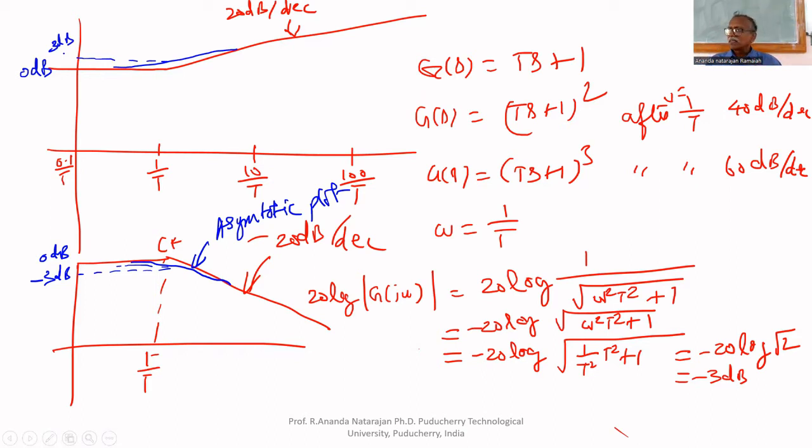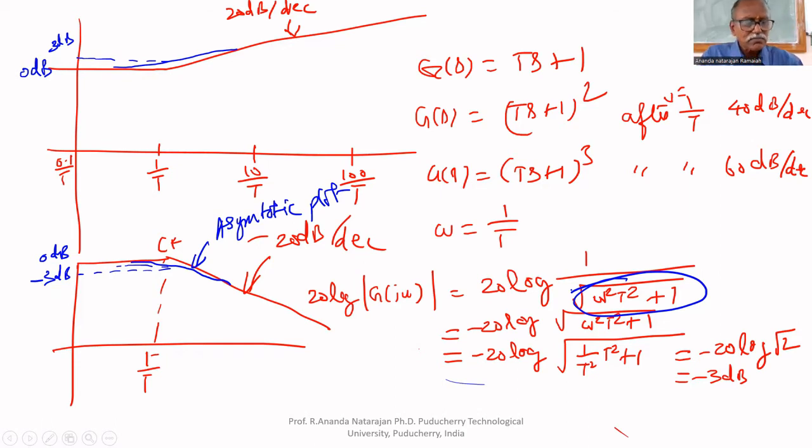If you do not ignore both omega tau and 1, you will get minus 3 dB instead of 0. Therefore, at corner frequency you will get only a minus 3 dB or plus 3 dB error. If it is a denominator factor, minus 3 dB; if it is a numerator factor, you will get a 3 dB error. So we can consider the approximate plot because of the small error. If you want the actual plot, you can do the necessary correction at corner frequencies. That's all.